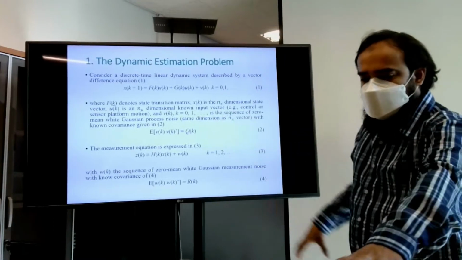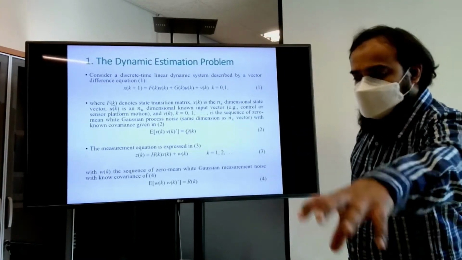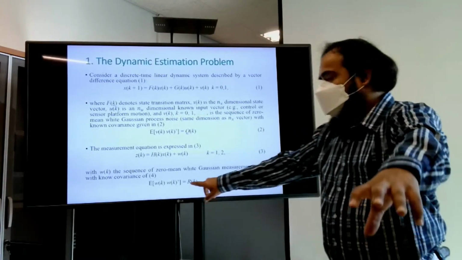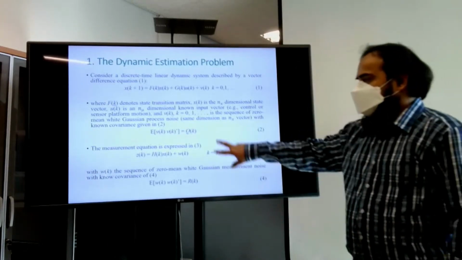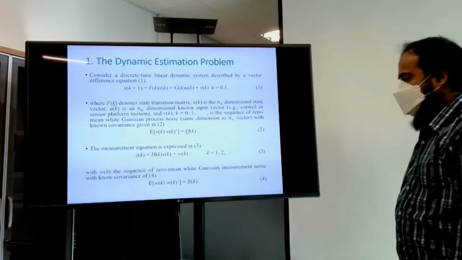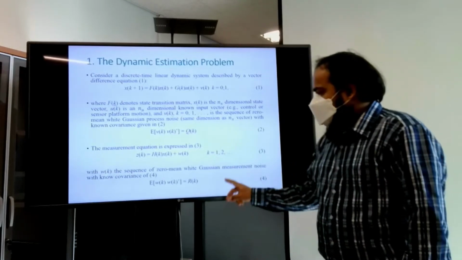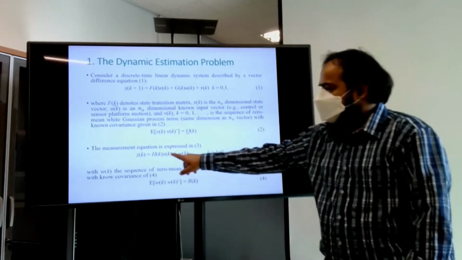Suppose this is the dynamic model. So Vk is this noise, and Rk is the camera noise. Both are independent, and the measurement noise is added to the sensor measurement.